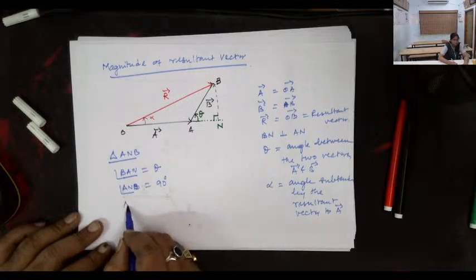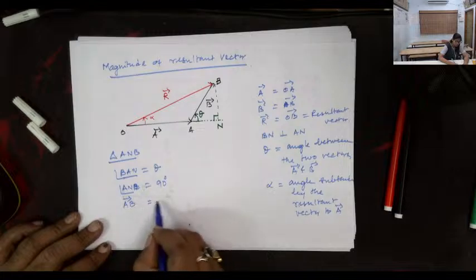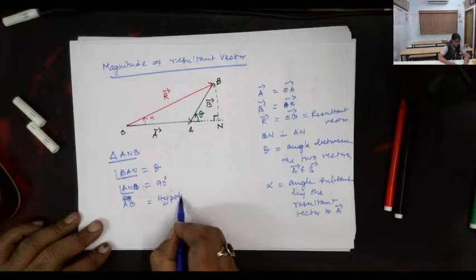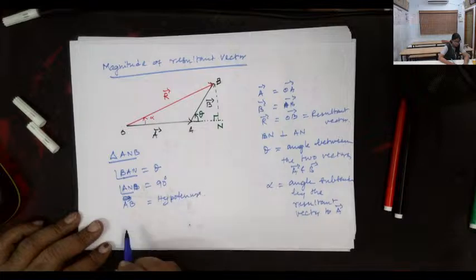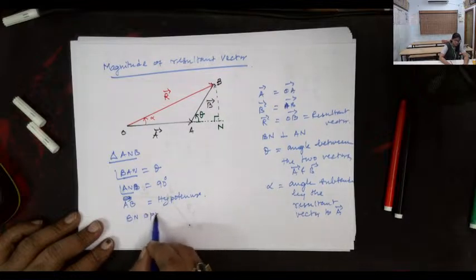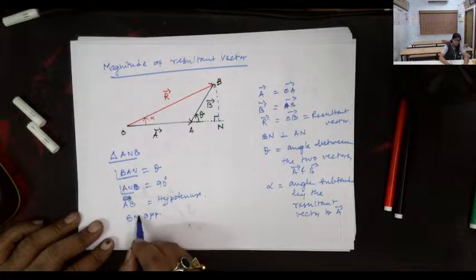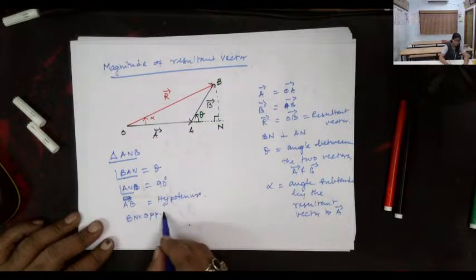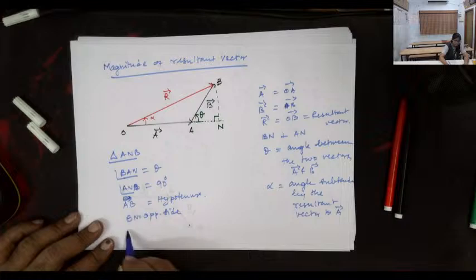Therefore, AB is hypotenuse. Okay, and BN is the opposite side, opposite to theta, and AN is the adjacent side, is it not?